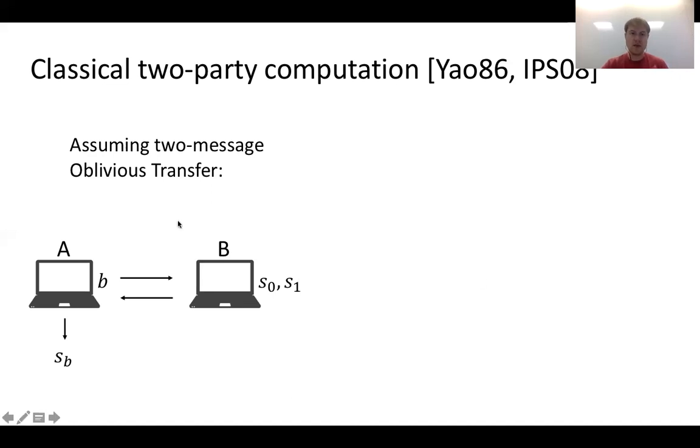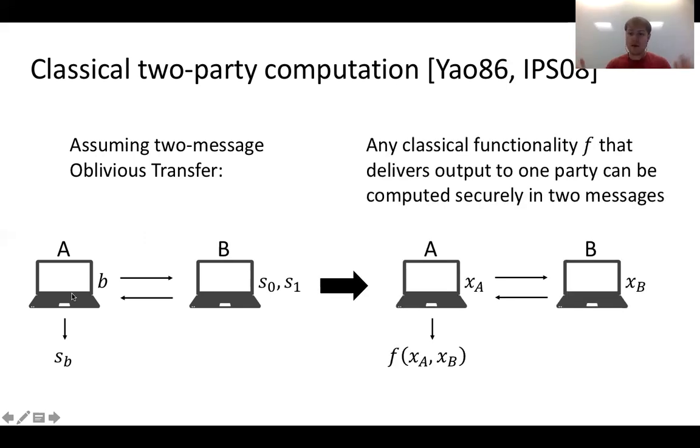So if you can do this very simple oblivious transfer functionality in just two messages, then amazingly, you can compute any arbitrary classical functionality over two private inputs, XA and XB, delivering output to A, right?